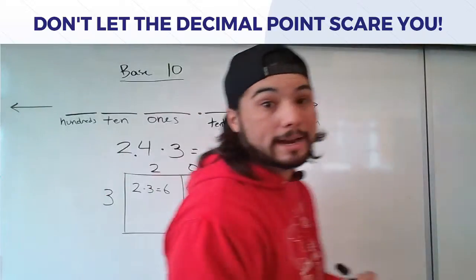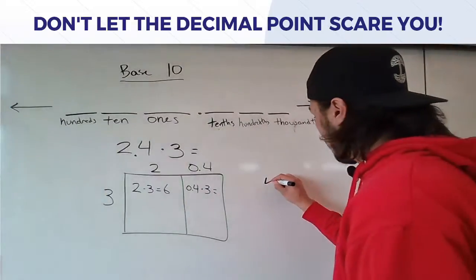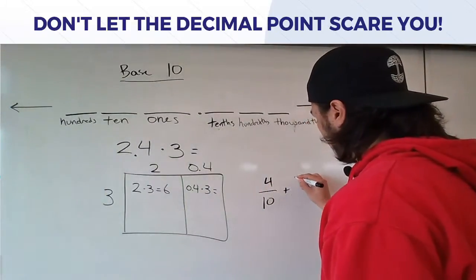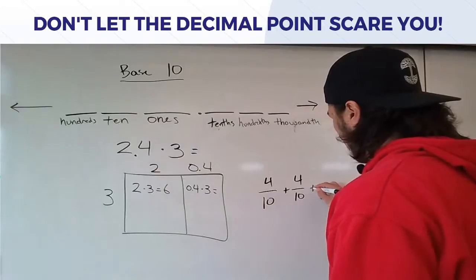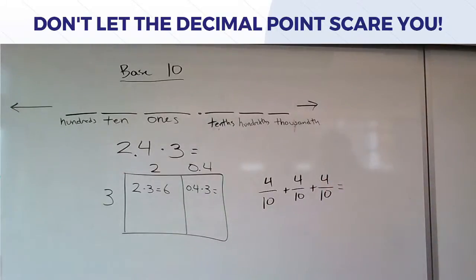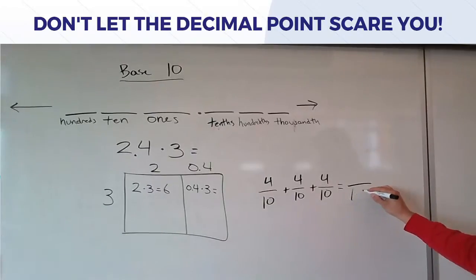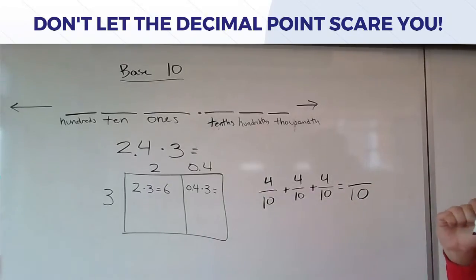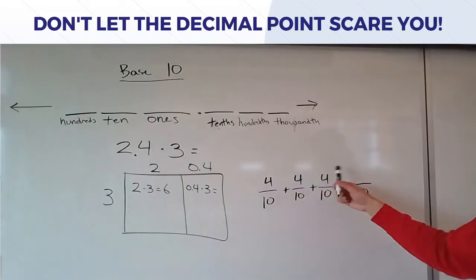Or if we want to think about it as repeated addition, 4 tenths plus 4 tenths plus 4 tenths, right? When we add fractions, the denominator stays the same, so we're still in tenths. And then we add our numerators, 4, 8, 12.